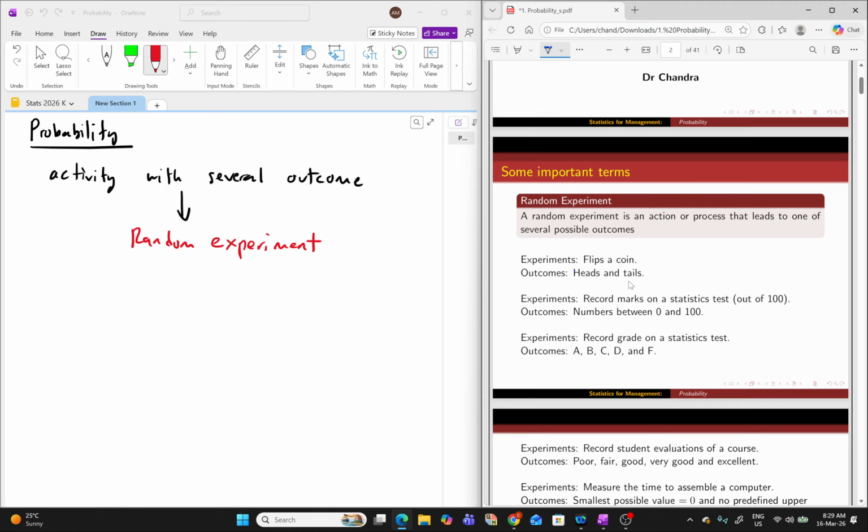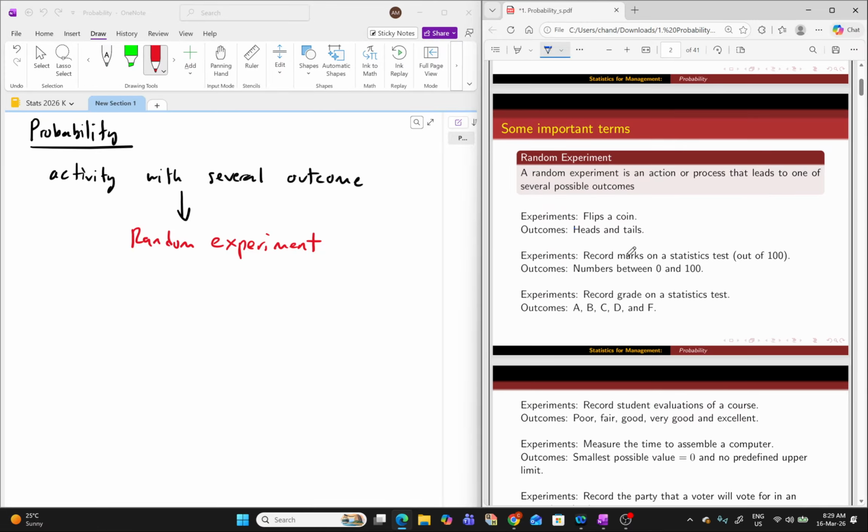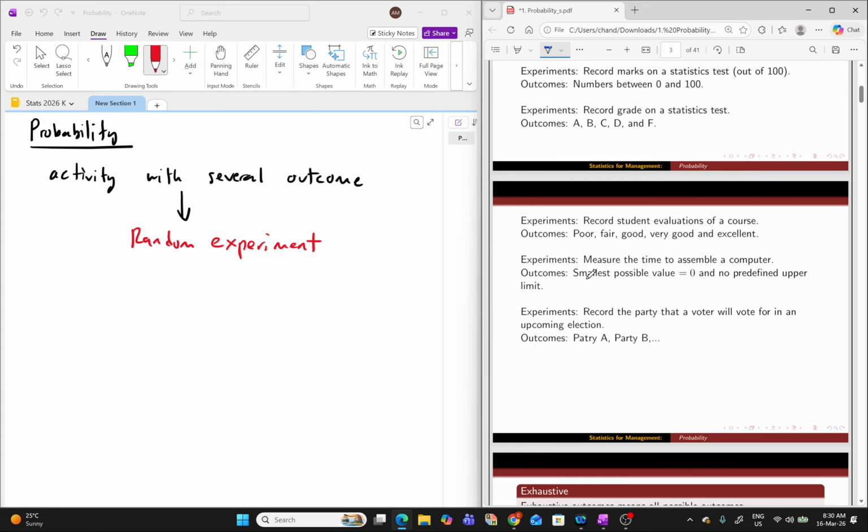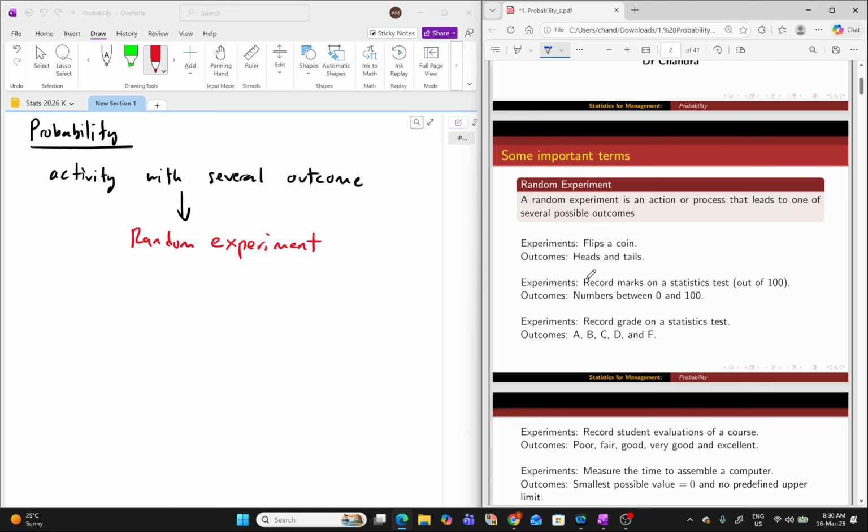If it is more than one, then it is a random experiment. Other examples: record marks on a statistics test out of 100, between 0 and 100, so there are plenty of marks. Record the grade of a statistics test: A, B, C, D, F. That is a random experiment.